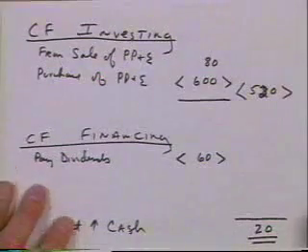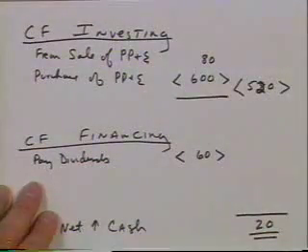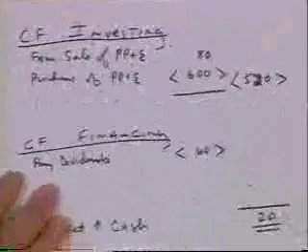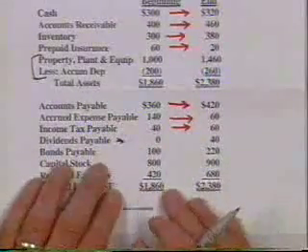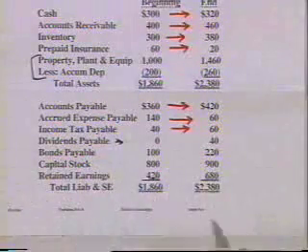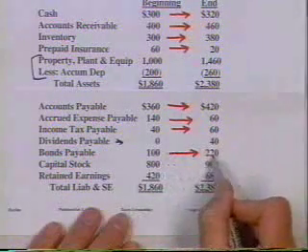Now, were there any other cash outflows or cash inflows from financing? And the answer is, well, the company floated bonds, and they also sold capital stock. So we go back to our balance sheet, and we look here, bonds payable. Bonds payable went from 100 up to 220. So there's an increase of 120.